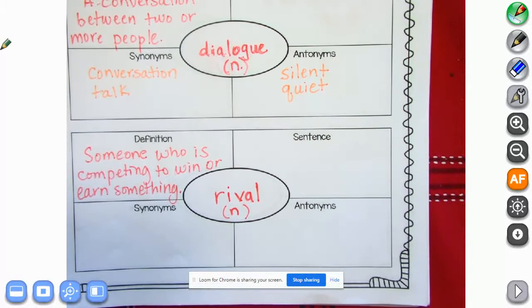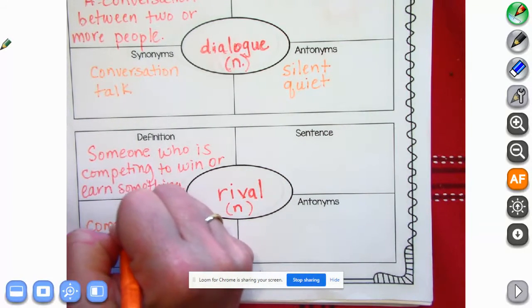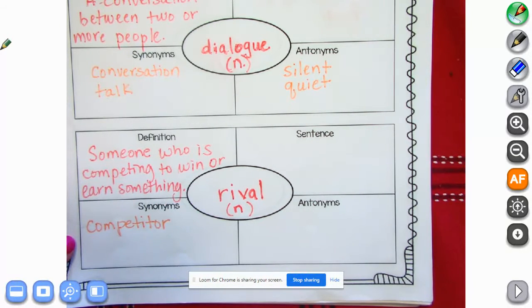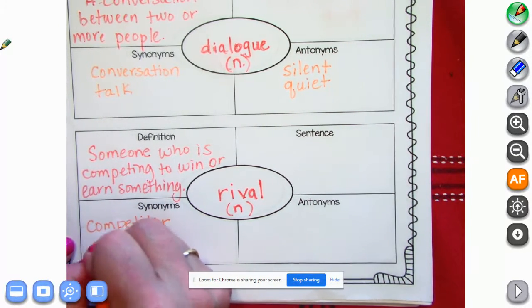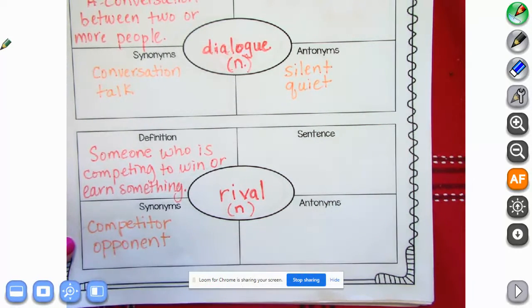All right, the next one is rival. Someone who is competing to win or earn something. Competitor. Competitor would be a good one. Or opponent. Notice we don't use the word enemy. It doesn't mean they have to be your enemy.